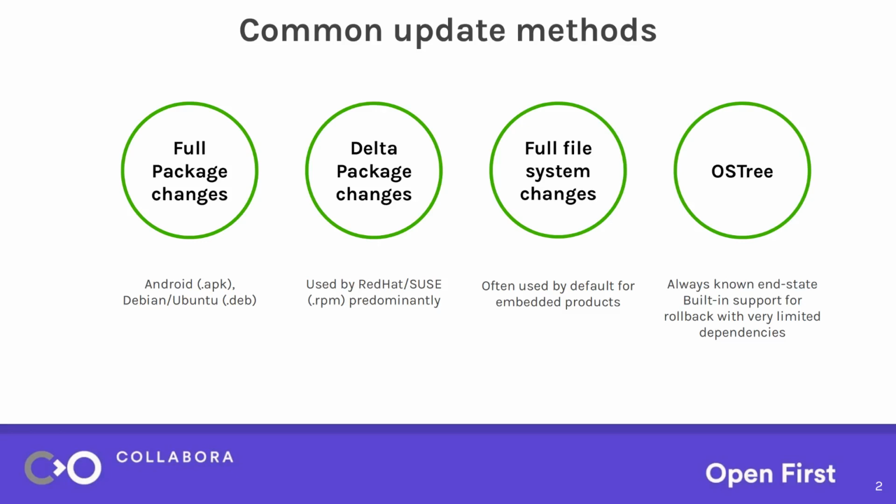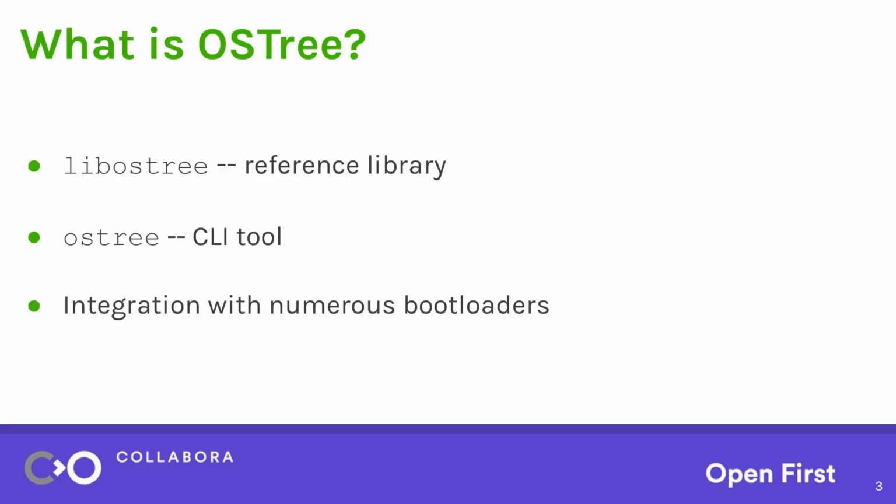This approach is often used by default for embedded products, allowing rollbacks in case something goes wrong, but has the highest effect on network and storage. OSTree-based systems use the git-like approach, so an update contains only binary diffs between system states. It also has built-in support for rollbacks with very limited dependencies.